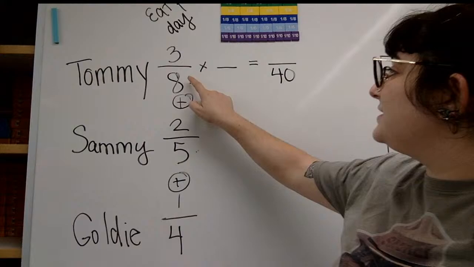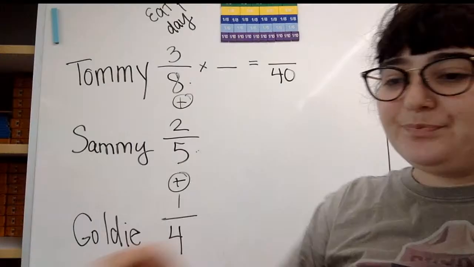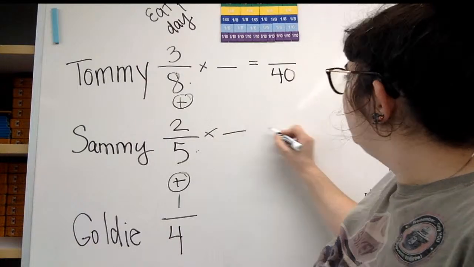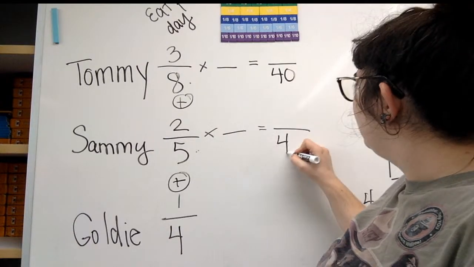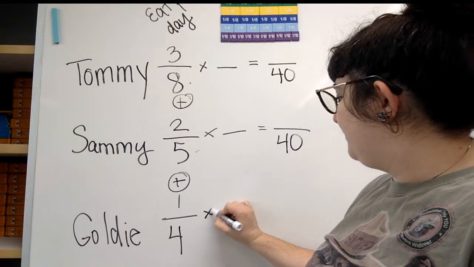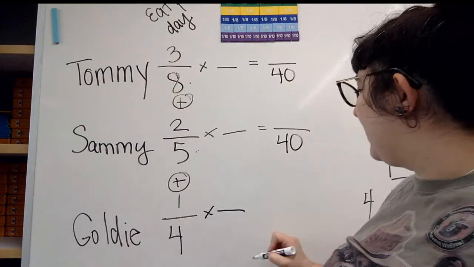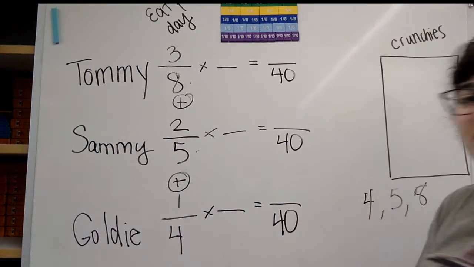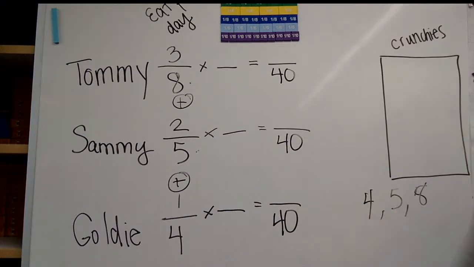So what times 8 gives me 40? What times 5 is going to give me 40? What times 4 is going to give me a denominator of 40? Check out how I set that up.